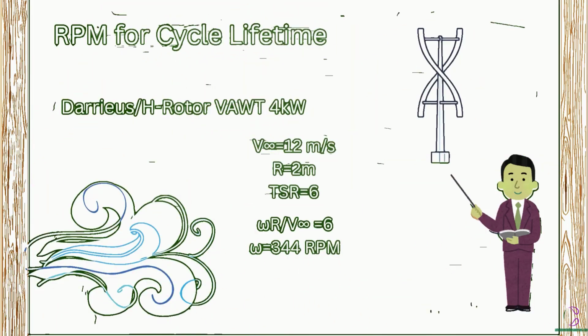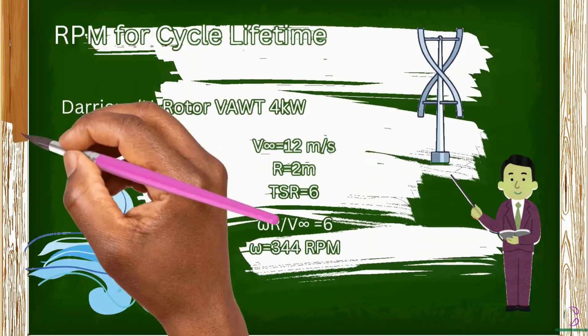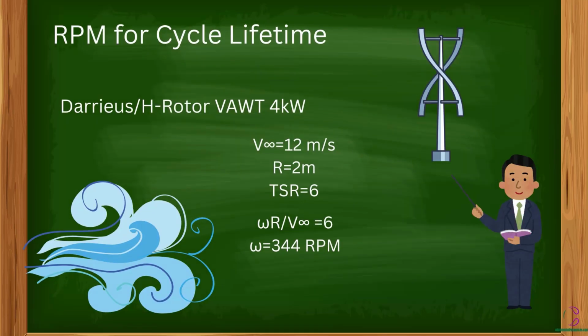So first of all, we have the revolutions per minute for an H rotor or a Darrieus. So when you are talking about the revolutions per minute for cycle lifetime, we are considering a 4 kilowatt wind turbine system with an operating wind speed of 12 meters per second.